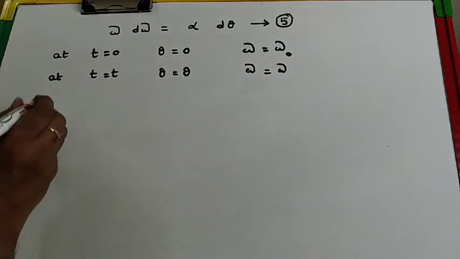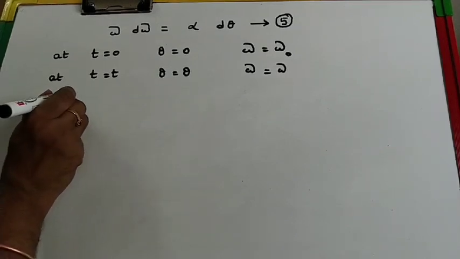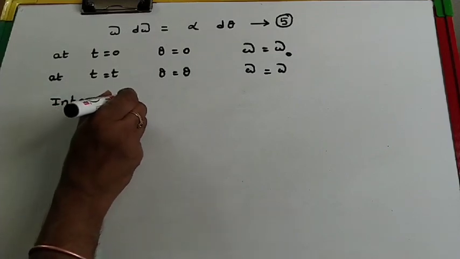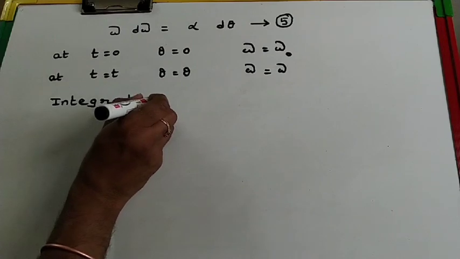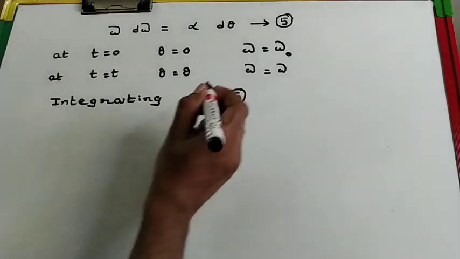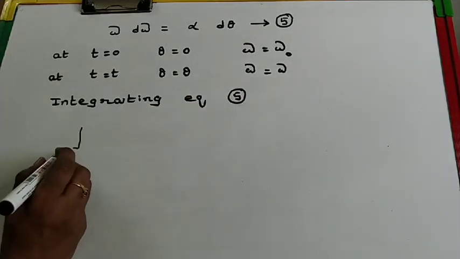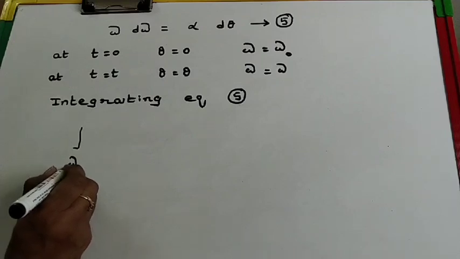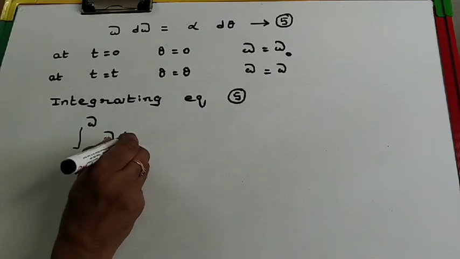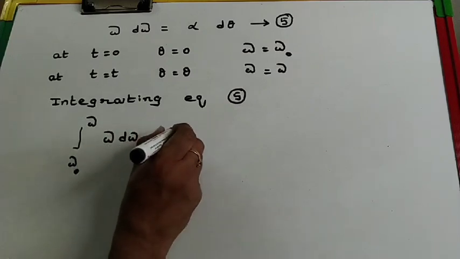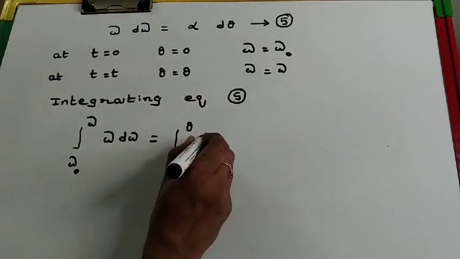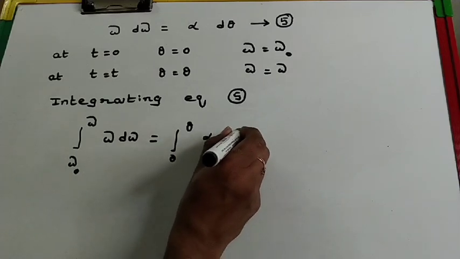In this case, integrating equation 5. Therefore, integral from omega naught to omega of omega into d omega is equal to integral 0 to theta alpha into d theta.